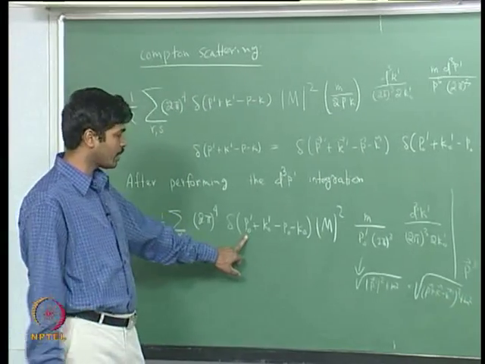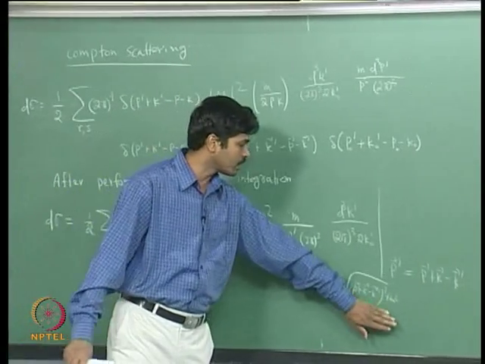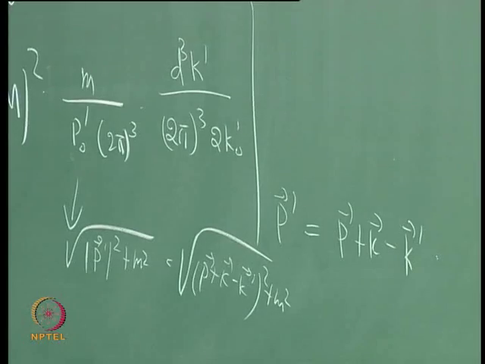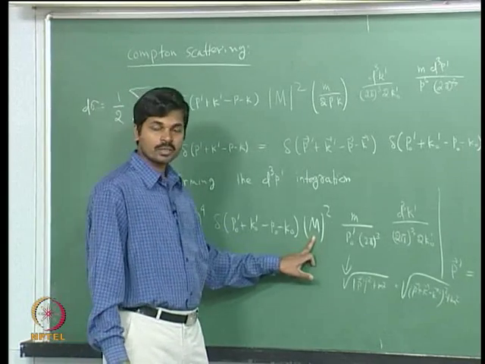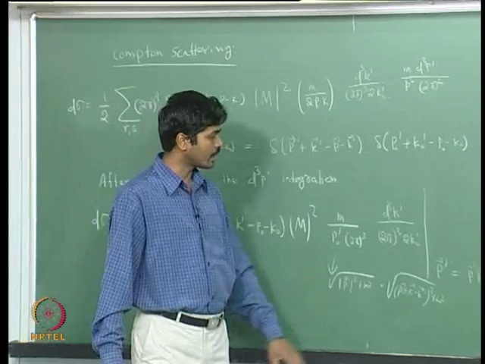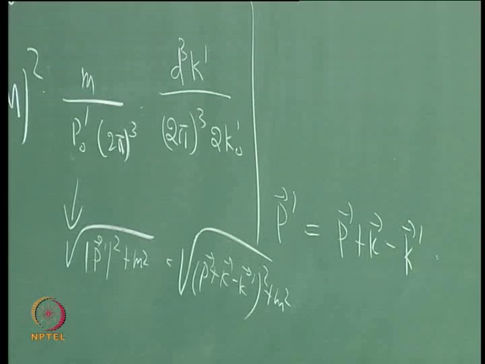Similarly, in the expression for M also, whenever you come across either p prime or p0 prime, you need to put this appropriately, this or this respectively.